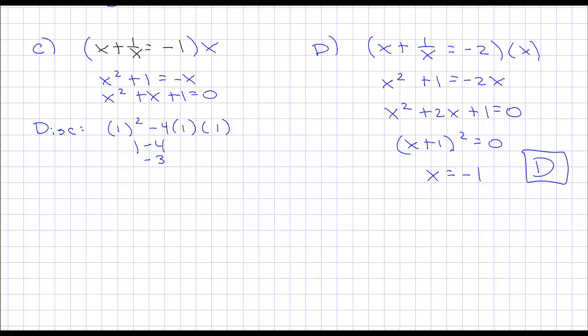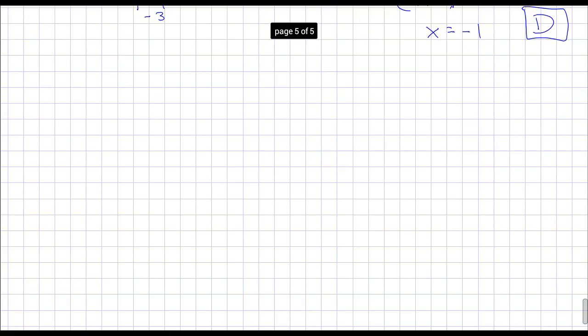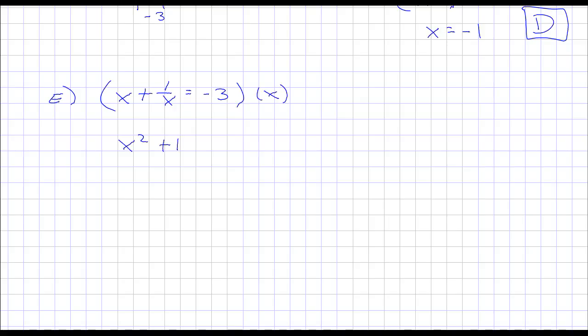Okay, so now let's just check out E and see why that doesn't work out. So E, x plus 1 over x equal to negative 3, multiply everything by x. So x squared plus 1 equals negative 3x. Add the 3x to the other side.